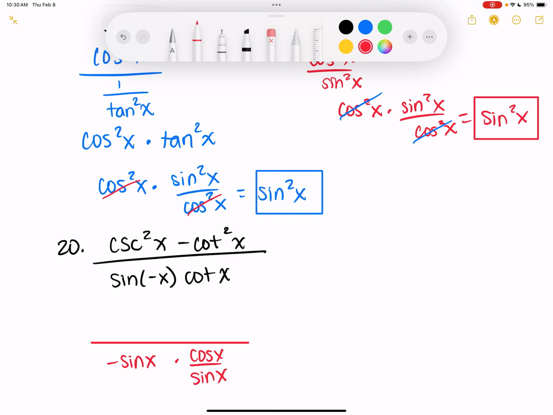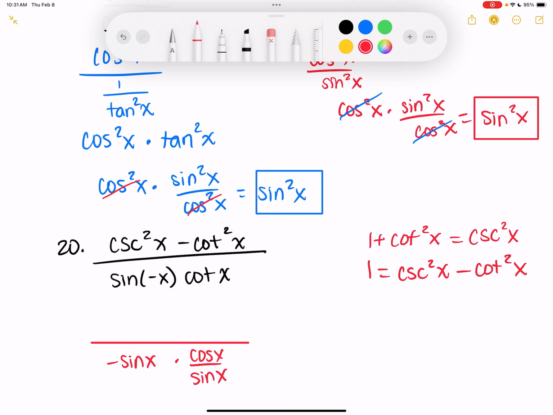What does that identity say? 1 plus cotangent squared x equals cosecant squared x. Now, that's obviously not exactly what I have, but fortunately I know basic algebra, okay? And I can move things around to try to make it look like that. So if I subtract cotangent squared here, 1 equals cosecant squared of x minus cotangent squared of x. Oh, now this looks like the top, right?